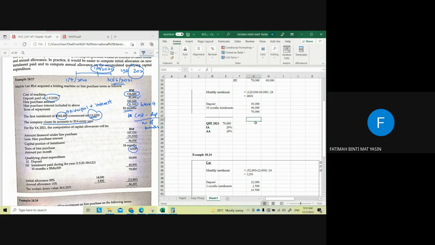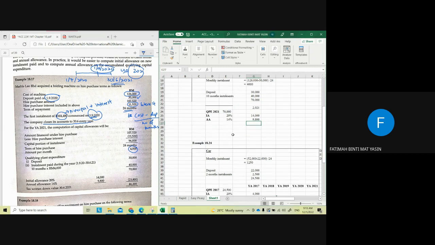So for 2021, the company can claim the initial allowance, which is 20%, you multiply with 70,000, it is 14,000. Okay, so this one is folding machine, it is 14%. Then you multiply 14% with 70,000. So then it is 9,800 for the annual allowance.